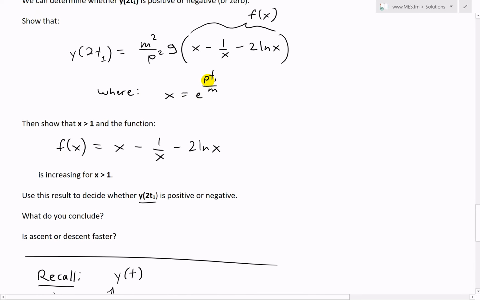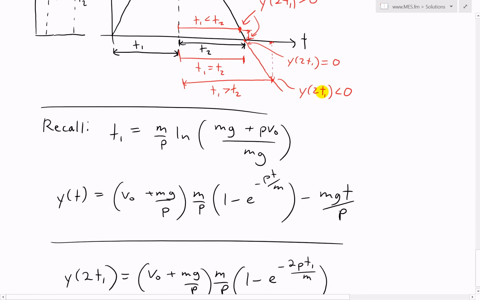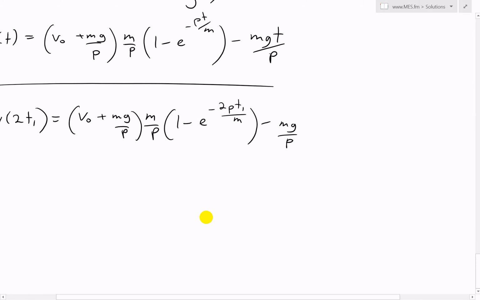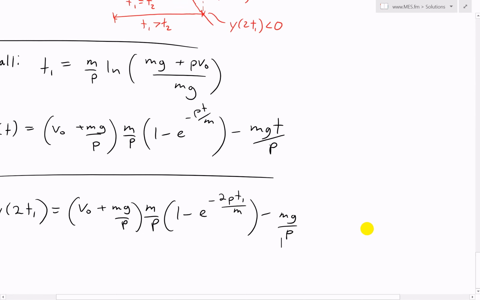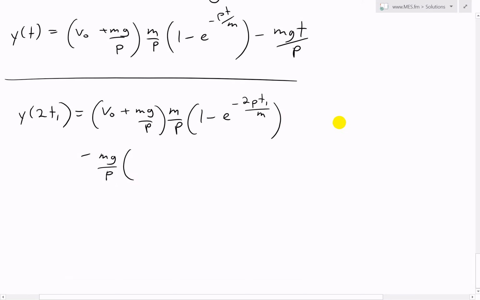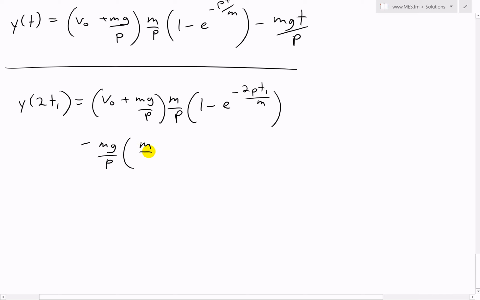So x equals e to the power of pt1 over m, minus mg over p, mg over p, and then now let's just plug in our t1. Actually, there's not enough room, so I'll move this over here, times m over p. This is going to be 2 times m over p.